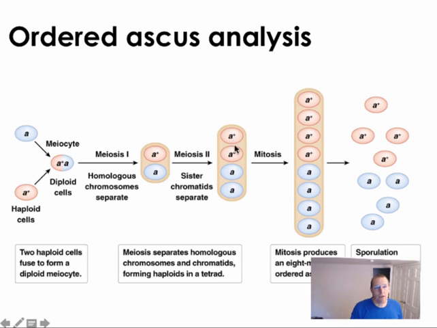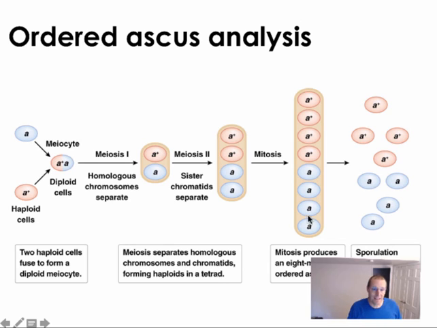So if you take this spore here and it divides into 2, you get these 2, and then this A+ spore here divides, it's these 2 here. This A becomes this pair, and then this last A here becomes this bottom 2. So what you see is that the order in this ascus reflects what happens between meiosis 1 and meiosis 2, before the mitosis. And because these divisions happen and you get 2 cells right next to one another, that's what gives you the ordered phenomena.